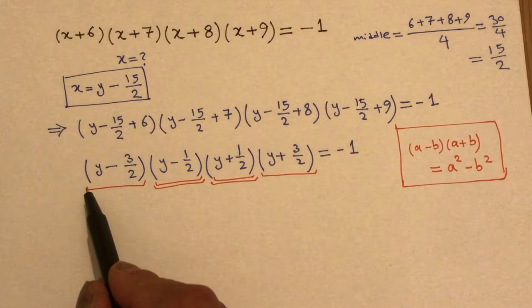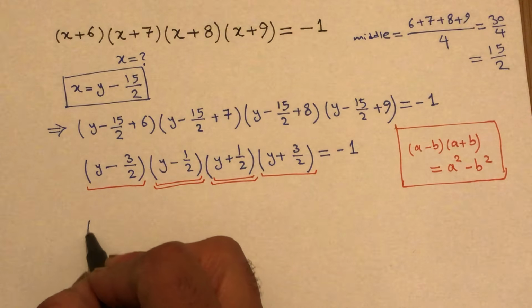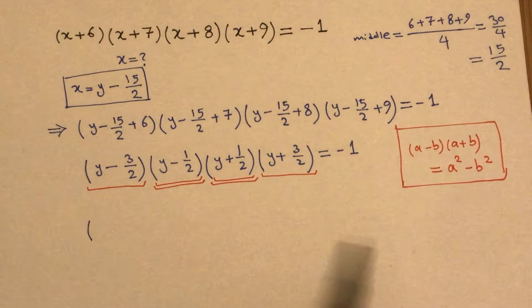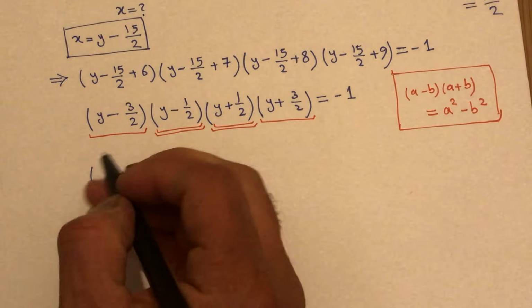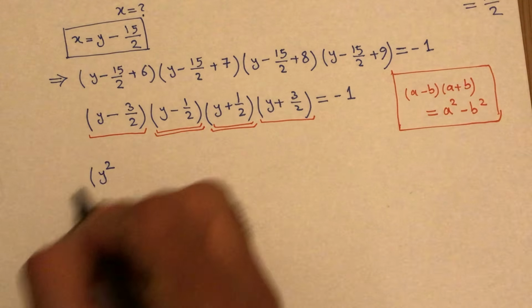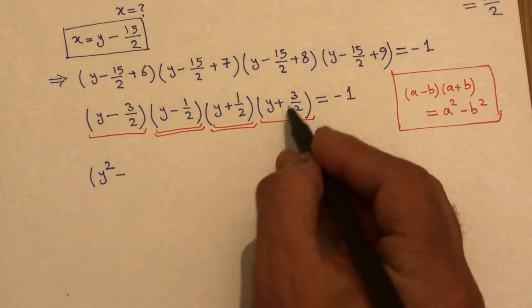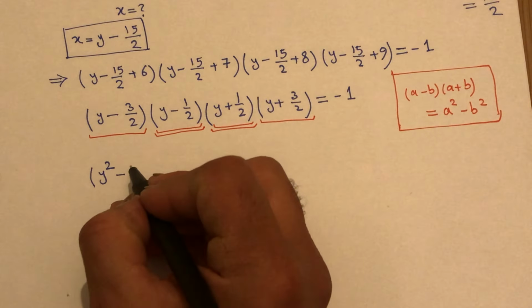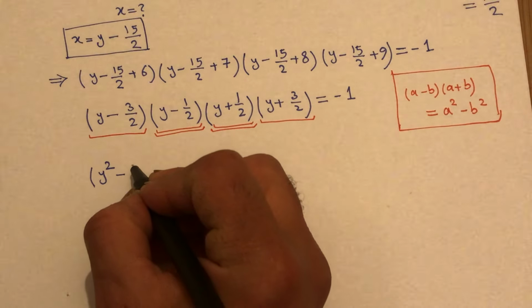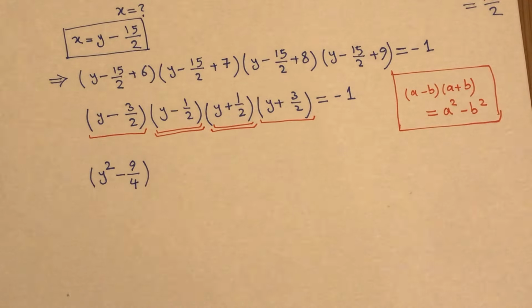From the first two terms, you can write the first one squared minus the second one, which is 3 over 2 squared, which is 9 over 4.